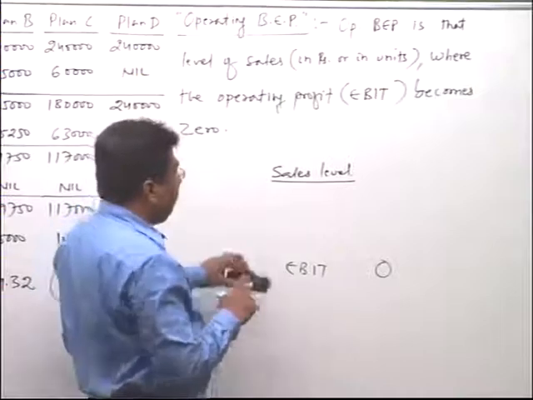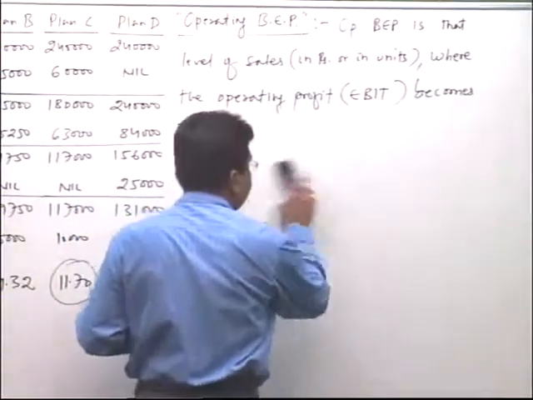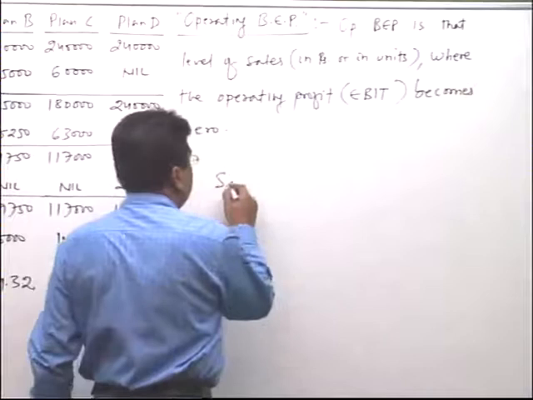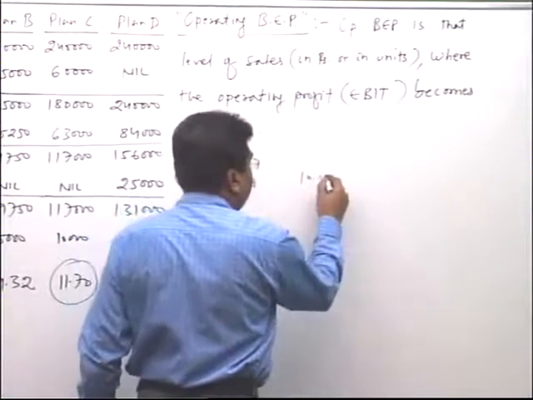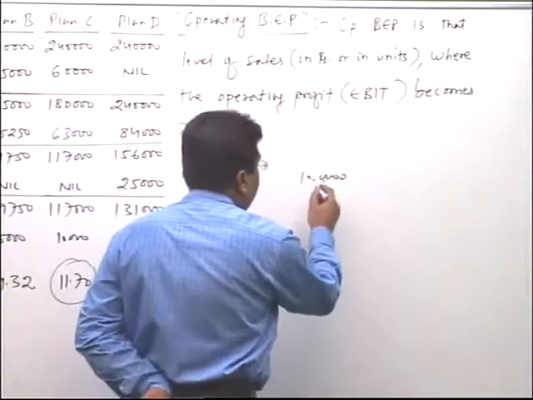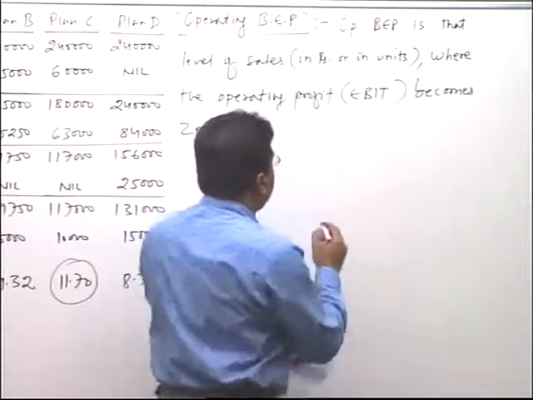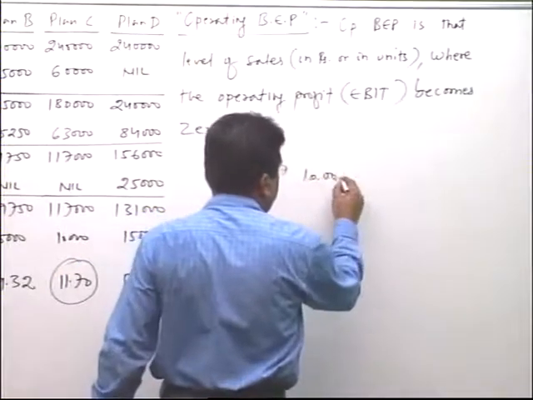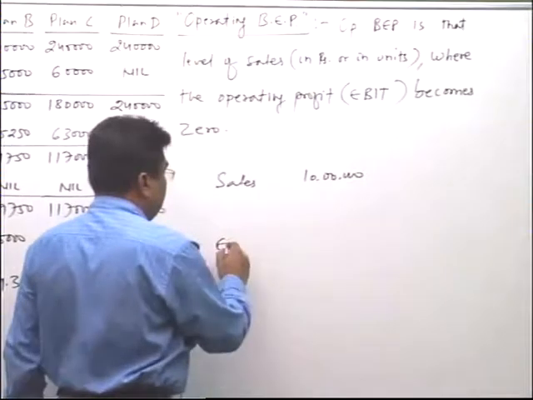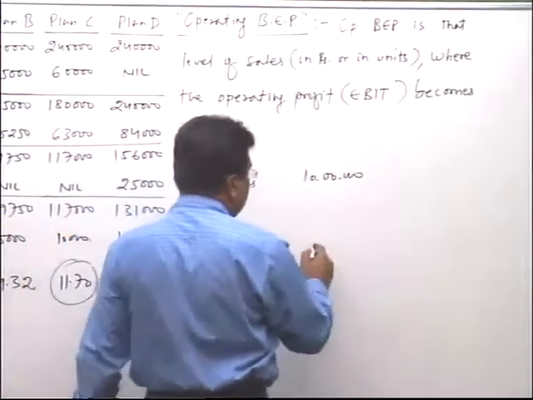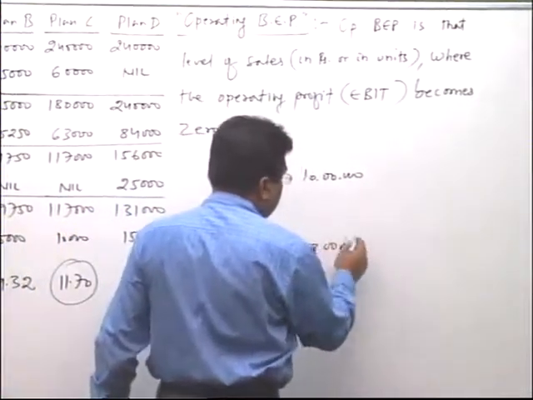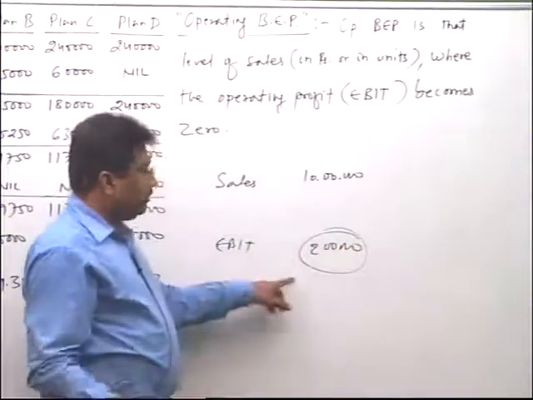Suppose I take sales of say rupees 10 lakhs, and I find my operating profit or EBIT, and suppose EBIT comes to say 2 lakhs. This 2 lakhs is EBIT, it means it is not 0.